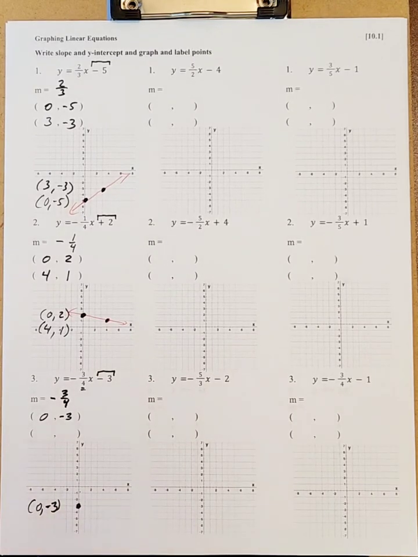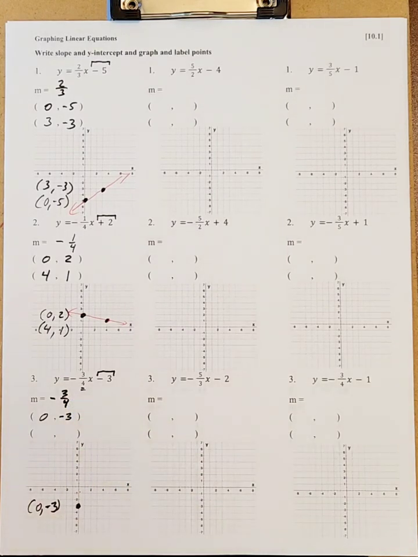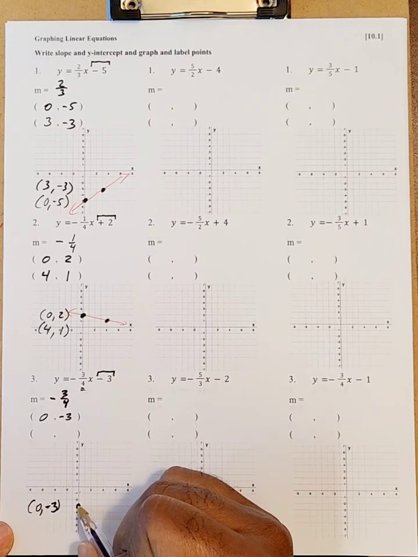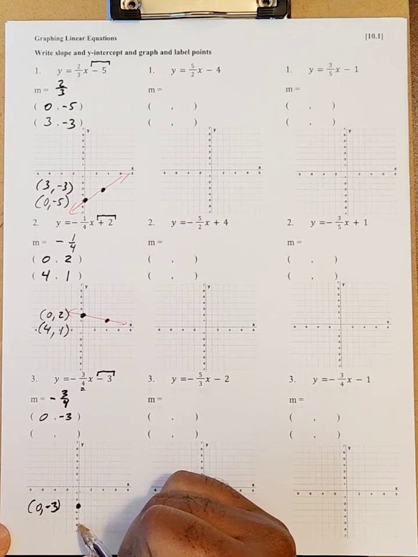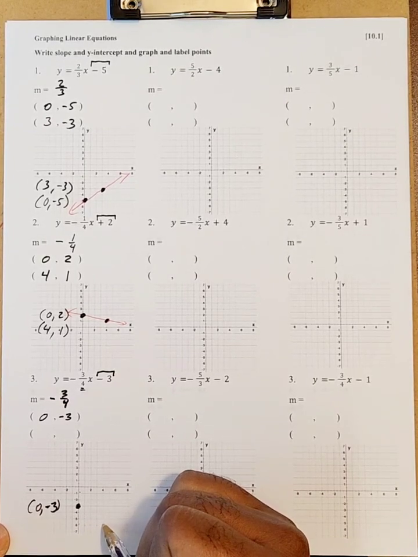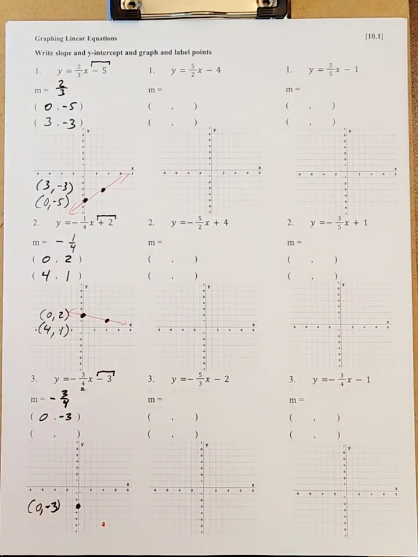Okay, now we're going to go down 3 times, and we're going to run 4 times. So down 3 times from our point here. 1, 2, 3, and then we got to go over 4 times. So 1, 2, 3, 4. That's it. That's the new point.